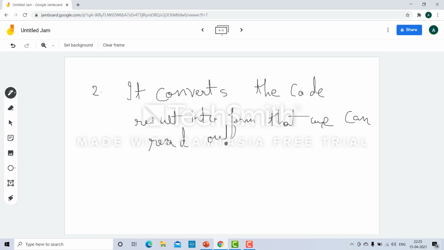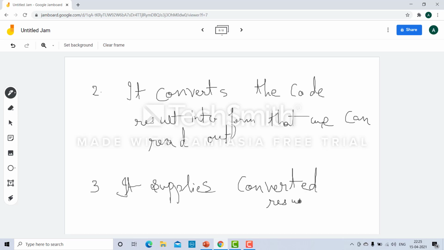Okay, so this is one of the functions. Then the third function we have, it supplies the converted result to the user. That means converted results to user. So these are a few of the basic functions, children.